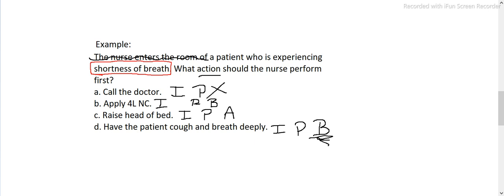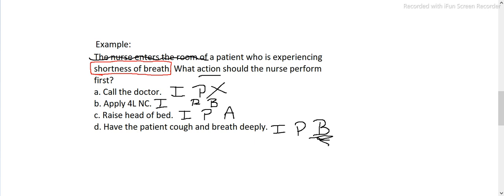Apply 4 liters of oxygen on nasal cannula. If their stats were dropping, it could bring it up a little bit, but depending on how low they are, 4 liters is a bit much to start somebody off on. If they're having a little bit of shortness of breath, the oxygen may or may not even help.